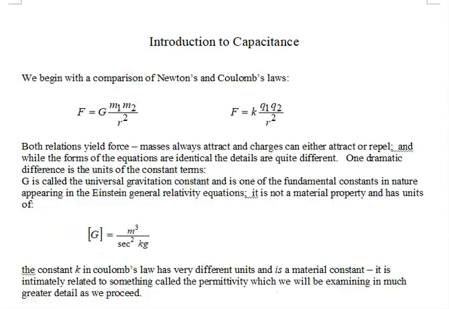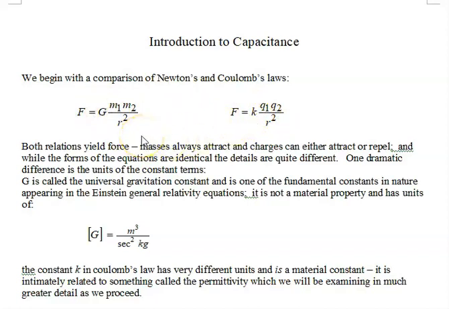When we look at capacitance, the first thing I want to do is have a comparison between Newton's law and Coulomb's law. This is Newton's law, the attraction of masses, which is an inverse square law, and this is Coulomb's law, the attraction or repulsion of charge, and it looks exactly the same.